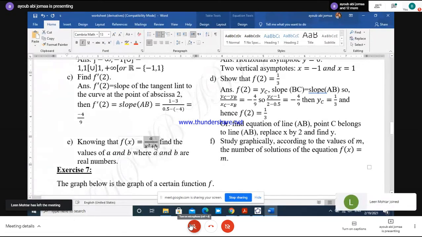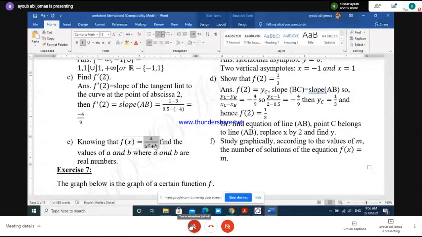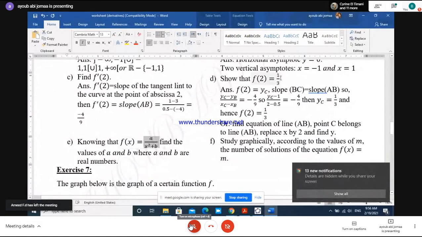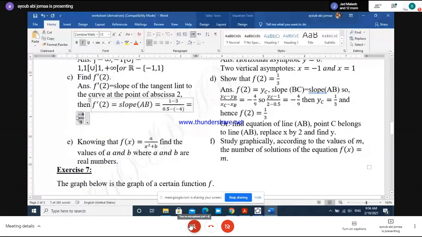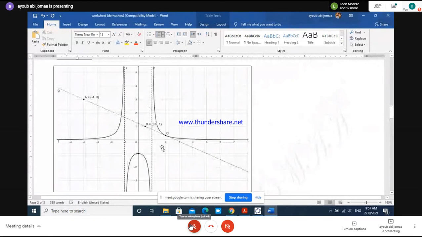That means you need two pieces of information from the graph, always. Two pieces of information, it depends on the graph. Sometimes, for example here, this is one piece of information: f of 2 is 1 over 3. Another piece of information, f prime of 2, is negative 4 over 9. We have it from the graph also. Look at this particular point.